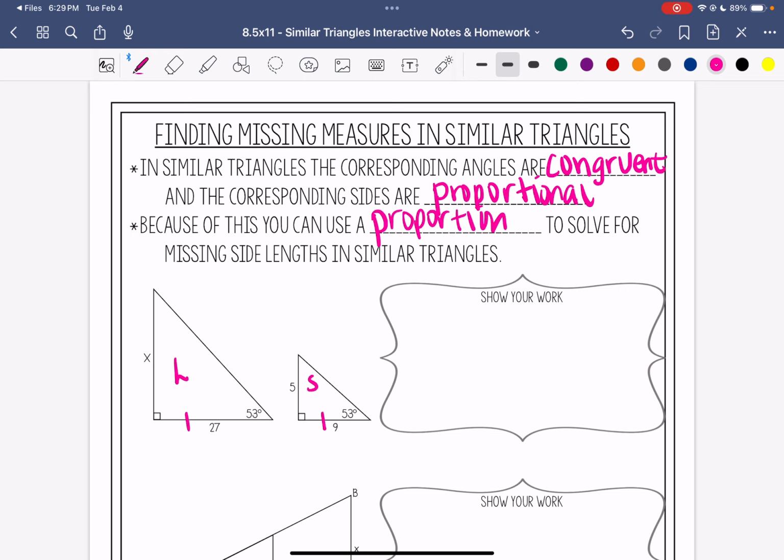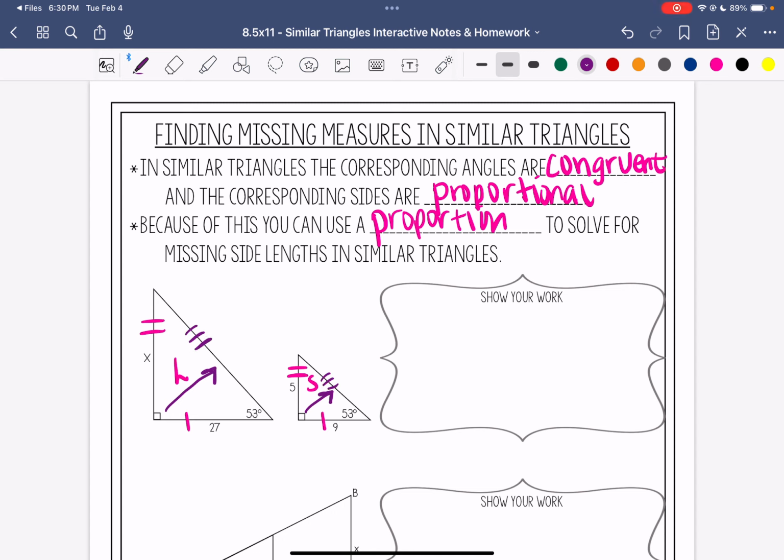The left side corresponds to the left side on the small triangle. So I'm trying to just use basic vocabulary. I want you to understand that corresponding means in the same location. So that's the longest side of my triangle, and so obviously those sides correspond.